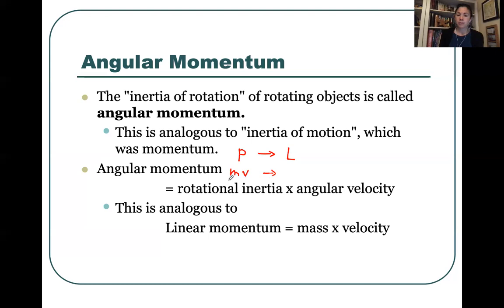What is going to carry the information on inertia here is our rotational inertia. And instead of v, we're going to use the angular velocity. So you can see that there is a strong analogy once again. We're not reinventing the wheel, we are just translating what we used for linear motion to rotational motion.